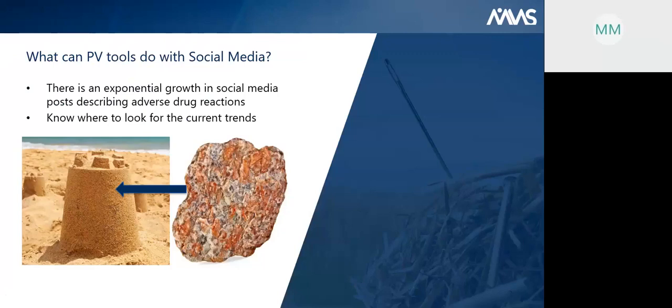On the other hand, we see that there is exponential growth in social media posts describing adverse drug reactions. Innovative approaches to pharmacovigilance are going to reshape the pharmacovigilance field, allowing us to identify safety trends and analyze safety signals within minutes.